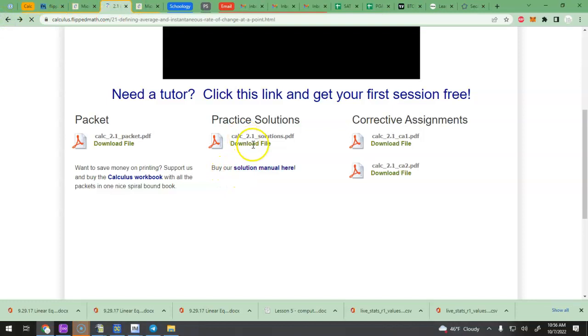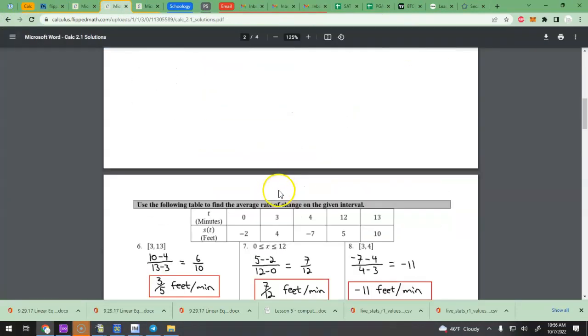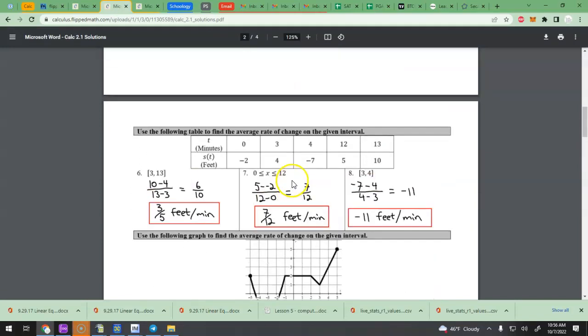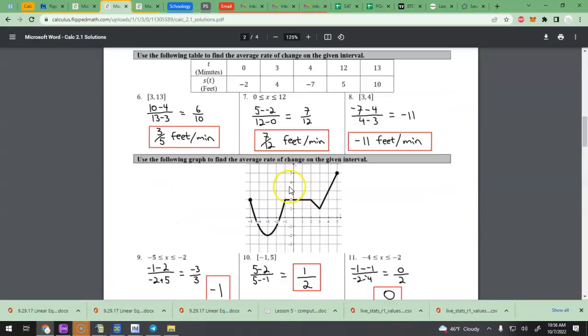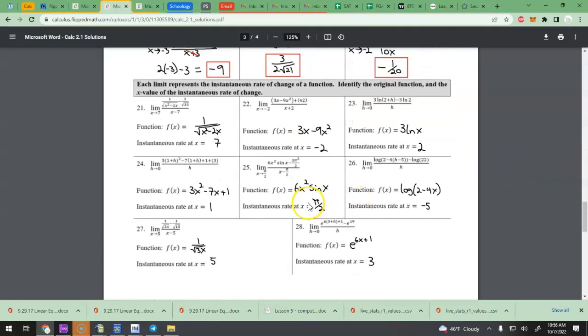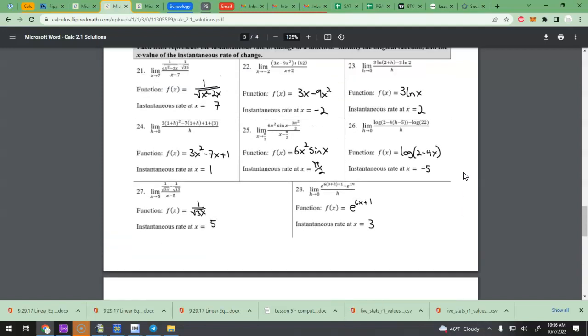Oh, so that makes sense. So why is the other one like that? I see it.